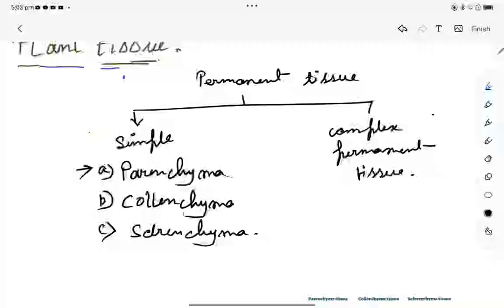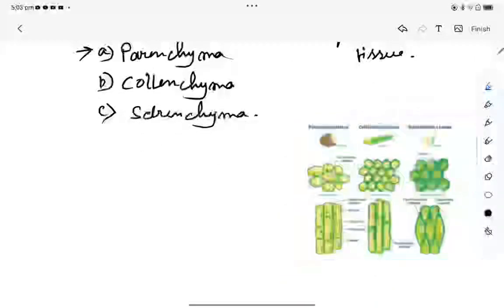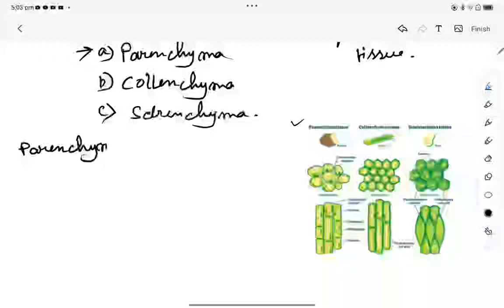We are going to learn about the simple permanent tissue. First we have to learn with diagrams, right? So first we will study about parenchyma tissue. Now parenchyma tissue are fundamental tissue of plants.